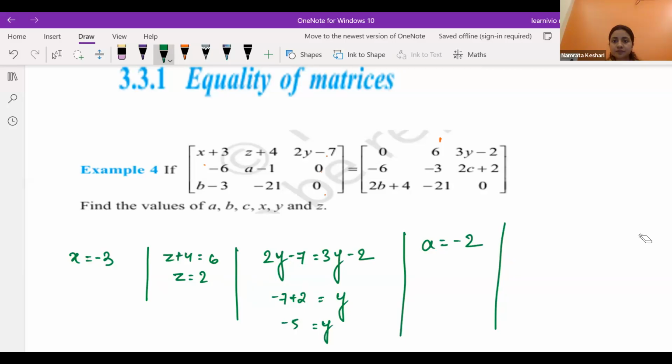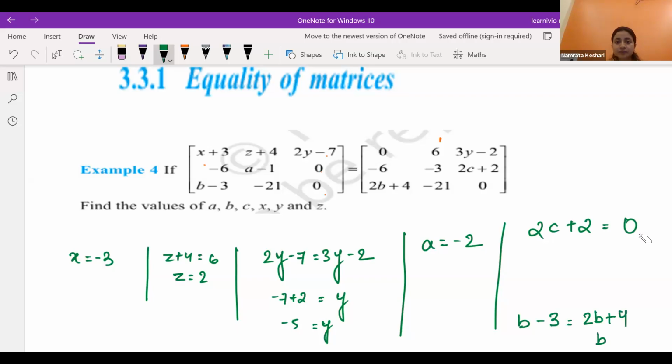And what else? B minus 3 is equal to B plus... B is equal to -7. And C?